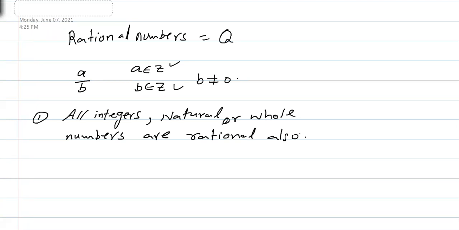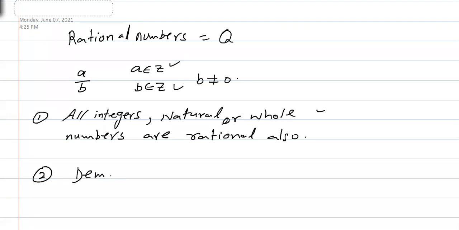It means 1, 2, 3, 4, 5: these are integers, whole numbers, rational numbers. They are all. But in rational numbers, you have fractions and decimals also. These are all non-decimal numbers. What about the decimal? Second point, I will go for that.